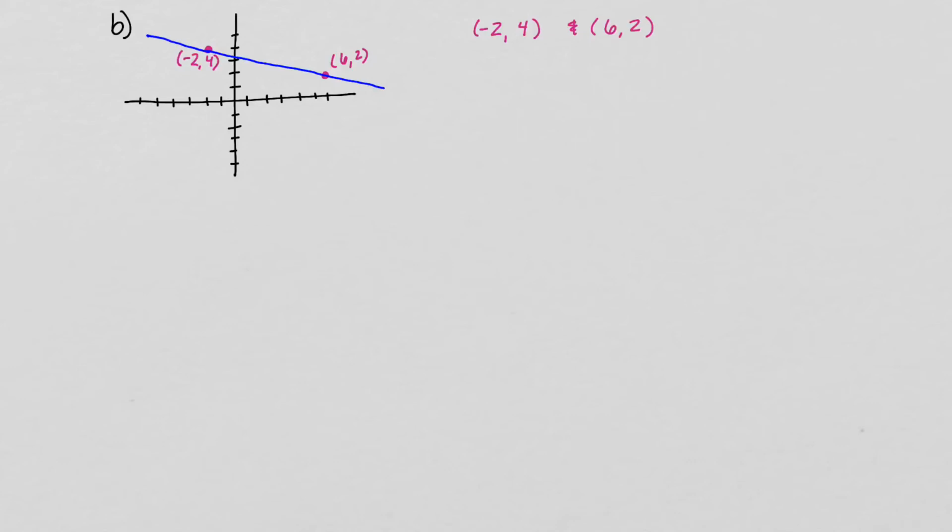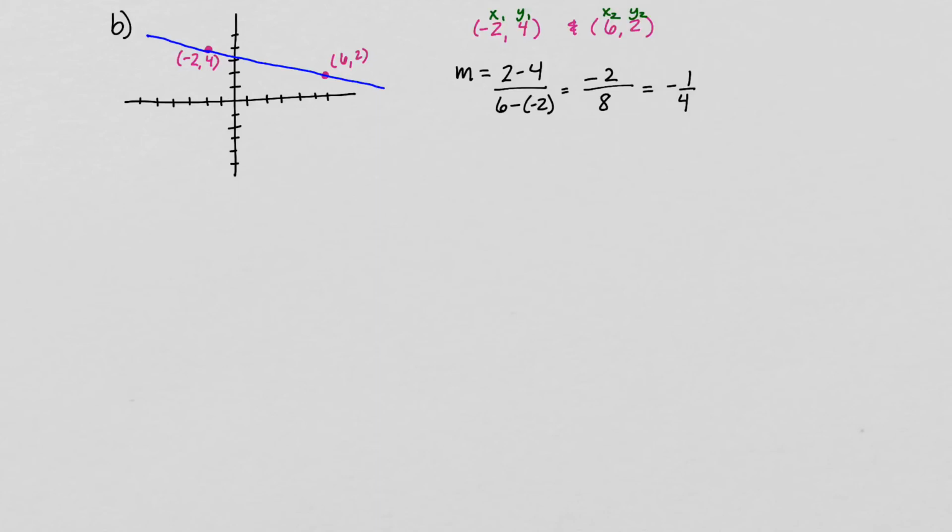So again, the first thing I'm going to do is find the slope. If I label these x1, y1, x2, y2, the slope is going to be y2 minus y1, so 2 minus 4, divided by x2 minus x1, 6 minus -2. So we're going to end up with 2 minus 4 is -2 over 6 minus -2 is a +8, or a -1/4.